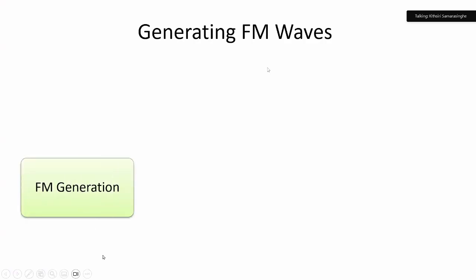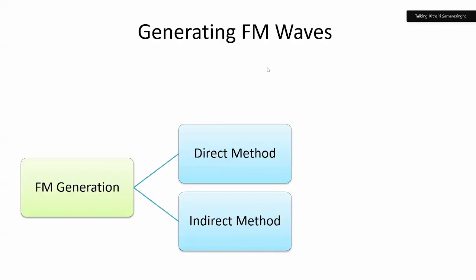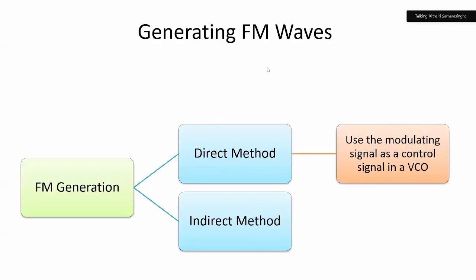Now, how do we generate FM? We already discussed there is a direct method of generating FM and an indirect method of generating FM. So let me summarize like that first. In the direct method, you take a voltage controlled oscillator IC, VCO we call it, apply your modulating signal as a control signal, then the frequency will be varied according to the modulating signal variations.